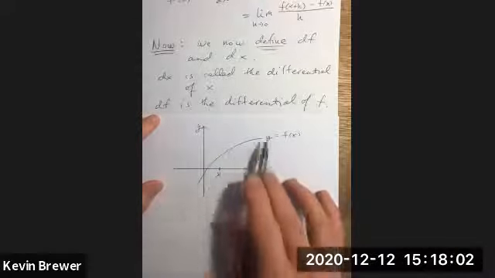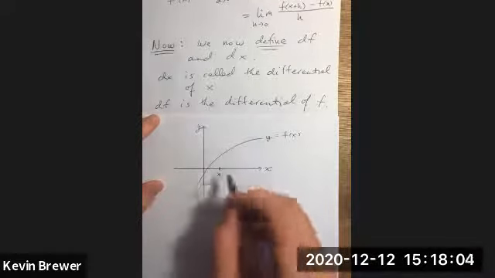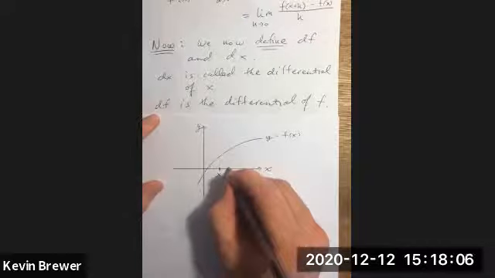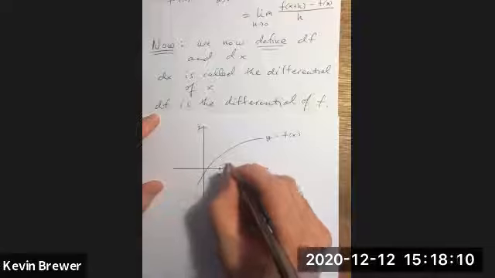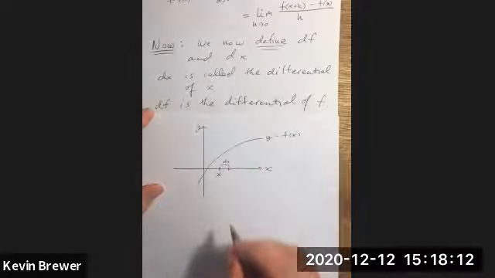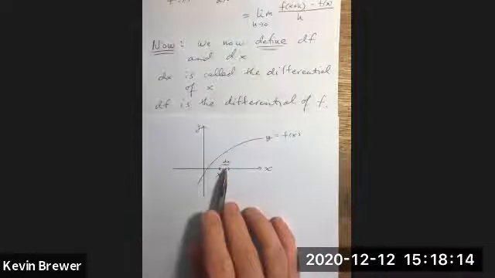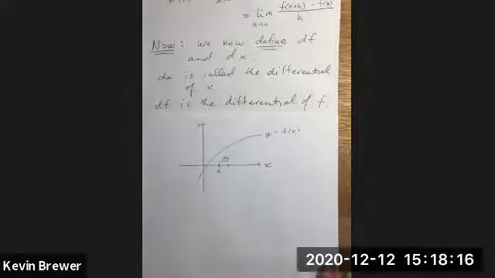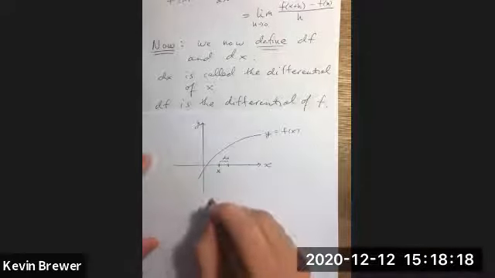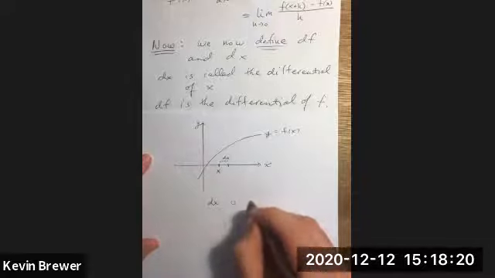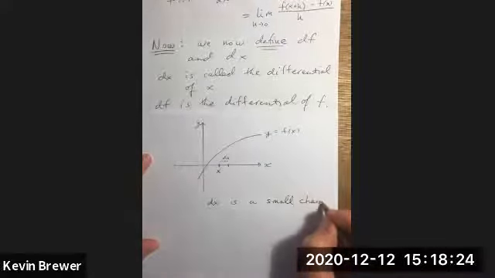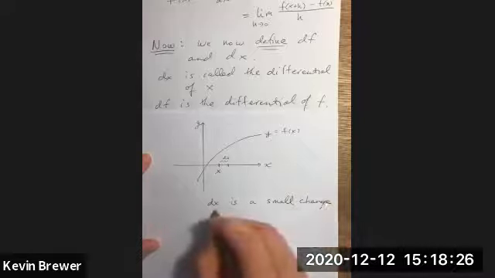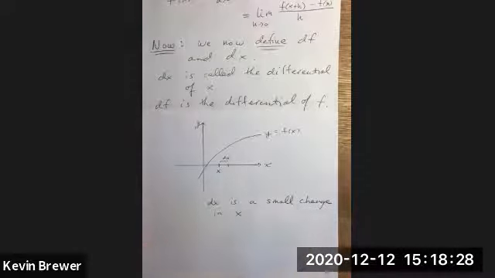So suppose we have a function and we have x. If I go out a small distance here, that's what we're going to call dx. So dx is a small change in x, or a small change along the x-axis.